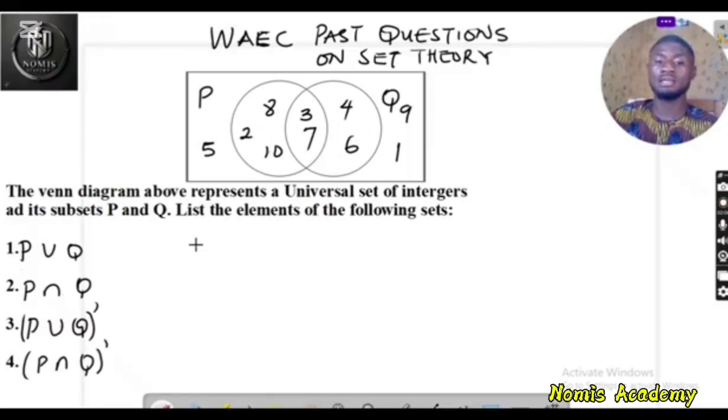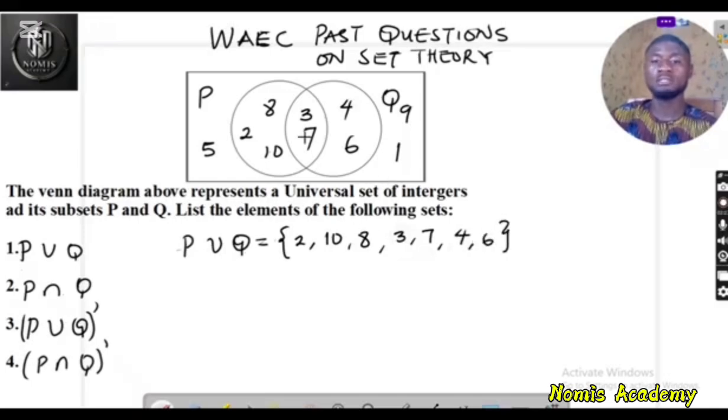So P union Q: in P we have 2, 10, 8, and we have 3, 7, 4, and 6.